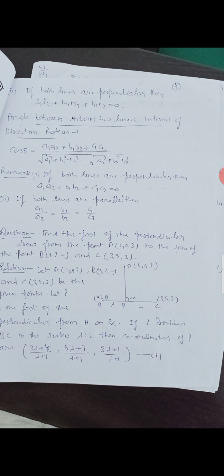So put and solve, we get lambda is equal to minus 7 by 4. Putting this value of lambda in equation first, we get 5 by 3, 7 by 3 and 17 by 3. These are the coordinates of P.